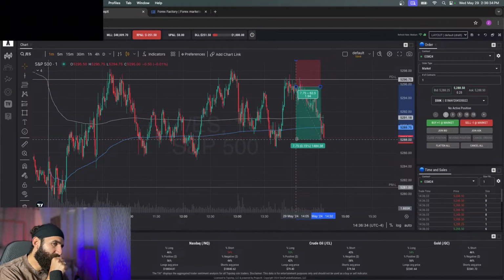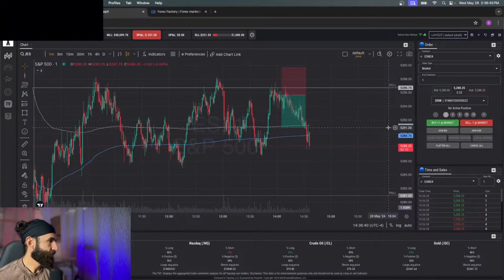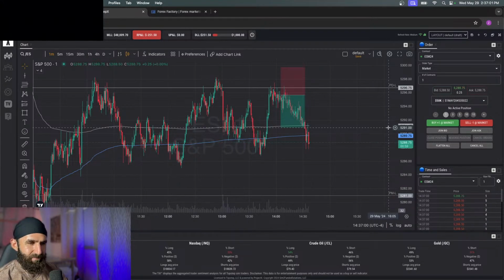Oh, would have made it to just about a 2-to-1. Think we're going to lower day. Yeah, man. Again, it feels like yesterday. I'm having deja vu on this one. I don't have a trade absolutely in the middle of this range again for like the 5th or 6th time today.